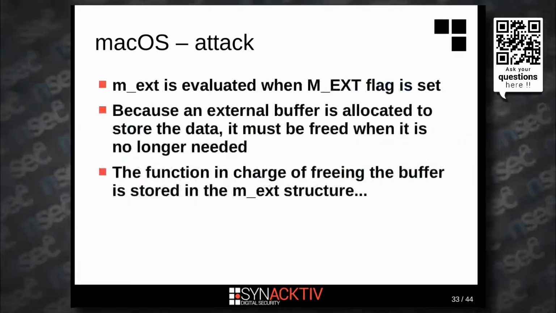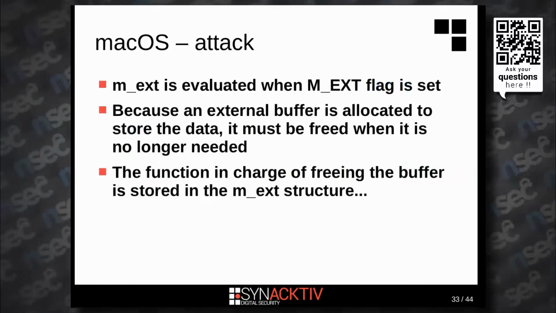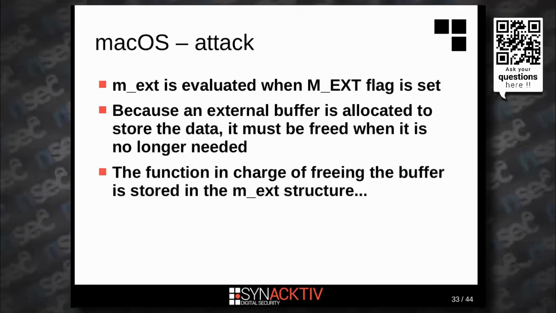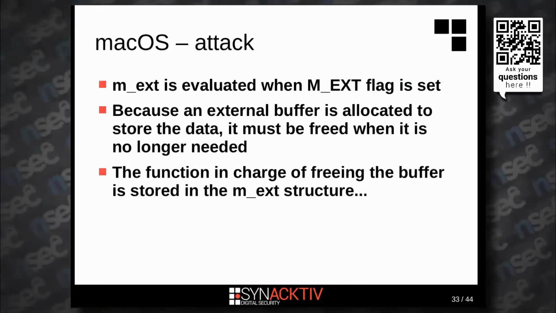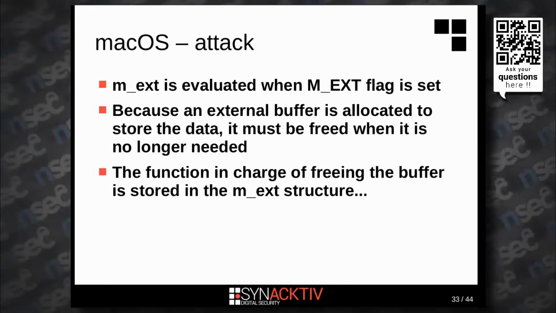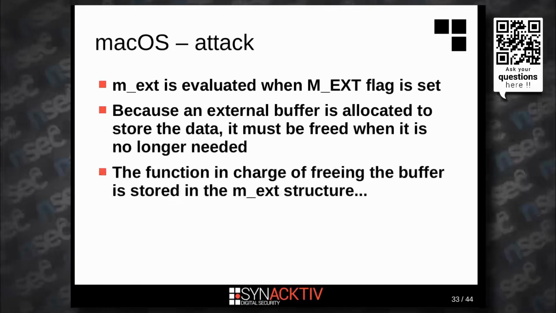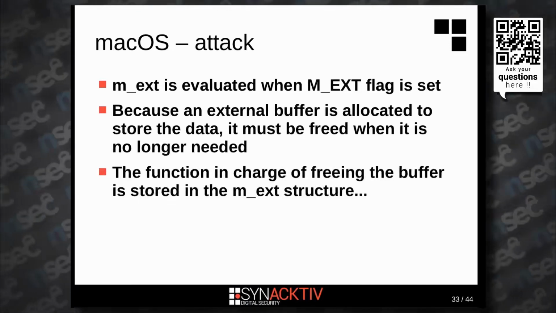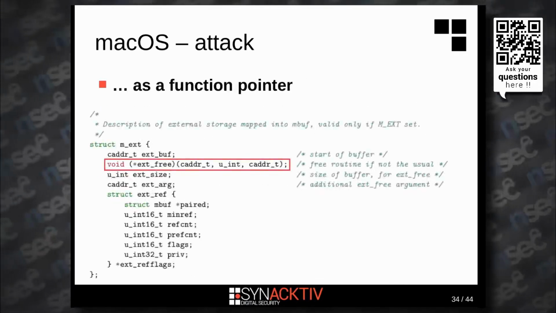Okay, so let's say we have the M_EXT flag set, which, by the way, occurs when there are big packets, so pretty often. Because an external buffer is allocated to store the data, it must be freed when it is no longer needed. The function in charge of freeing the buffer is stored in the m_ext structure, actually, as a function pointer.